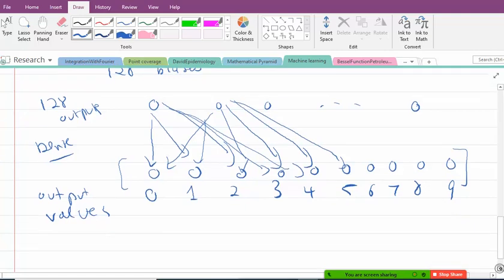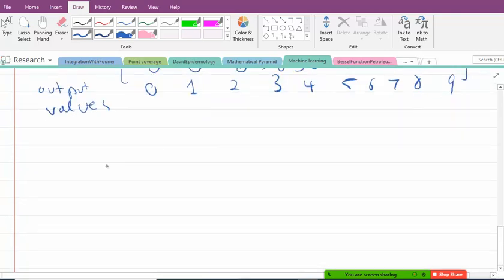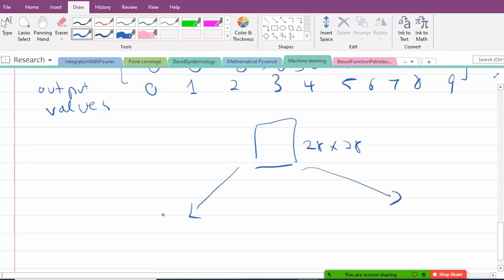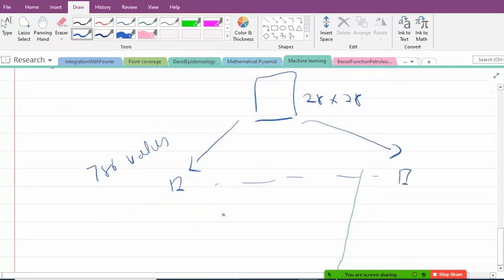If I wanted to summarize this structure again, you have your 28 by 28 image. This gets flattened out to, what was it, 786 values. This was fully connected to 128 values.